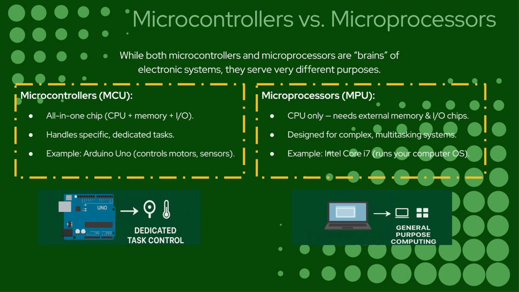So what is the difference between a microcontroller and a microprocessor? Both of them are brains. They both make decisions, but they actually serve very different roles. A microcontroller is like an Arduino. It's self-contained. It has the processor, the memory, the input and output pins all in one chip. You don't need to outsource it anywhere.